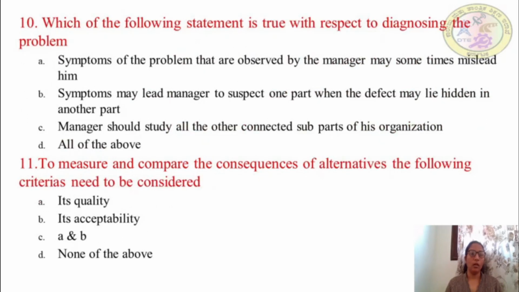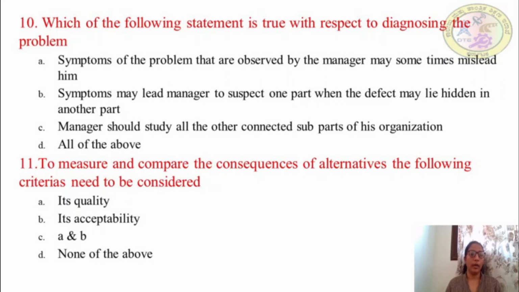Next question. Which of the following statement is true with respect to diagnosing the problem? Option A. Symptoms of the problem that are observed by the manager may sometimes mislead him. Option B. Symptoms may lead manager to suspect one part and the defect may lie hidden in another part.